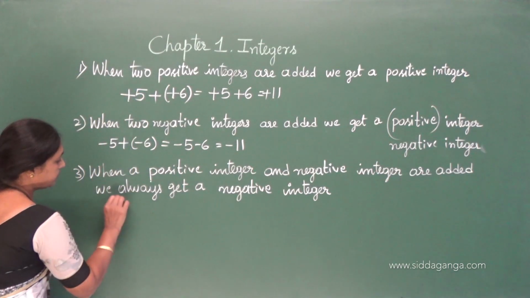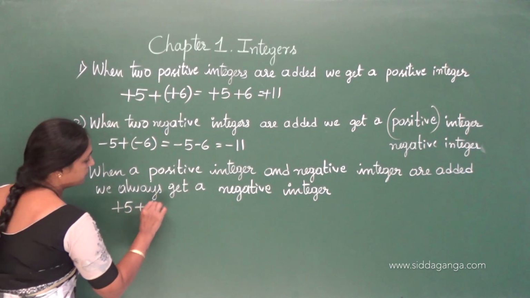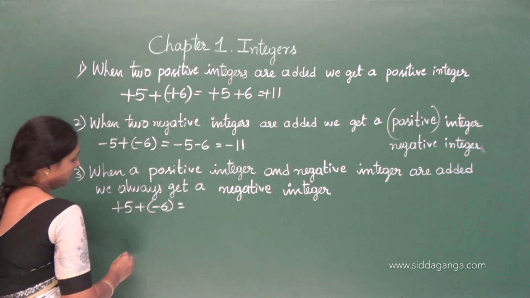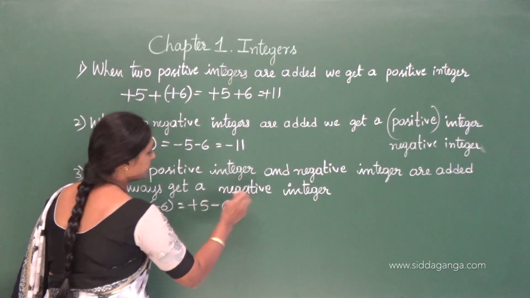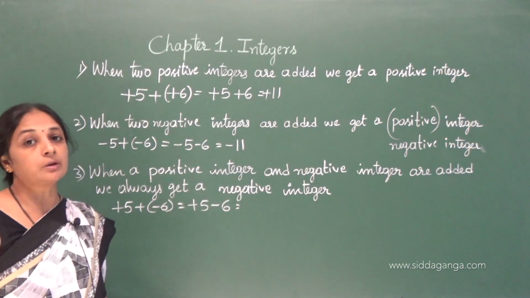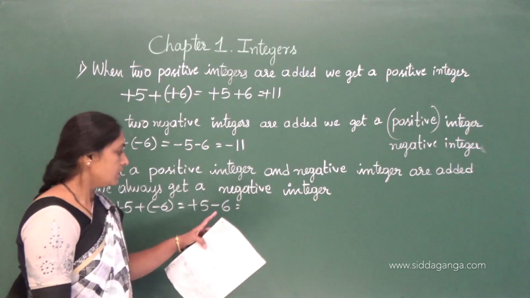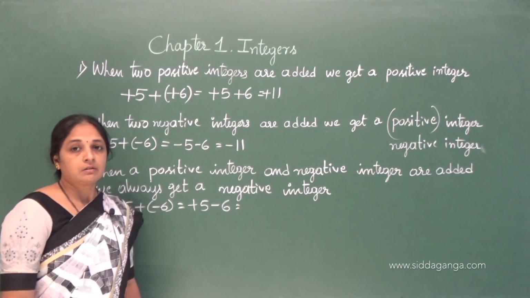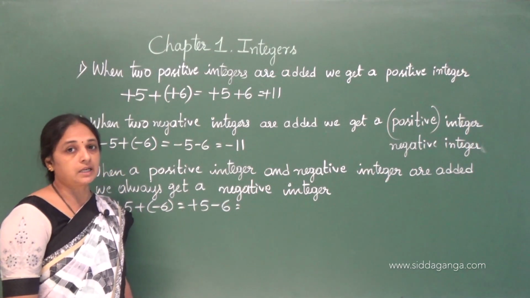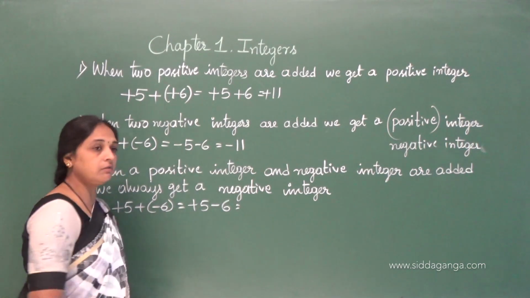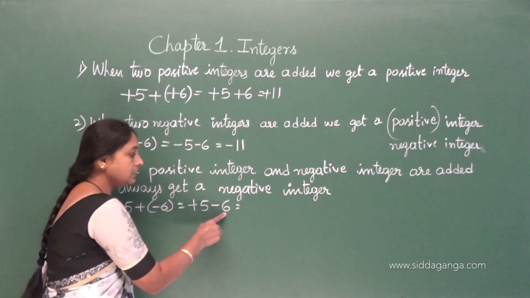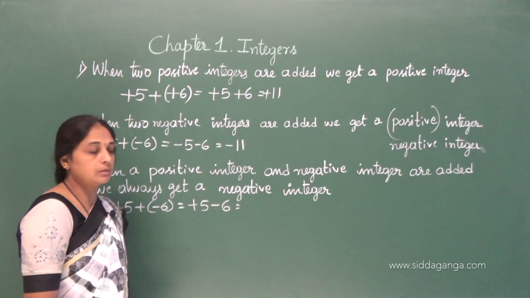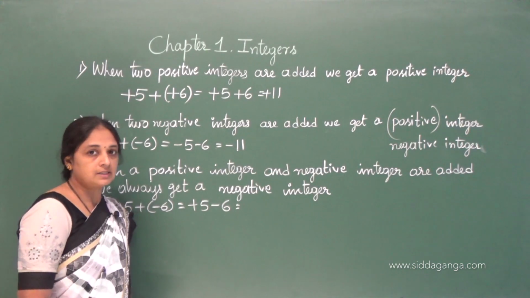Let's take +5 plus of -6. It makes +5 plus into minus is minus 6. Here we have to subtract the numbers. When subtracting, we neglect the sign and consider the sign of the bigger number. We consider that 6 is the bigger number and 5 is the lesser number.